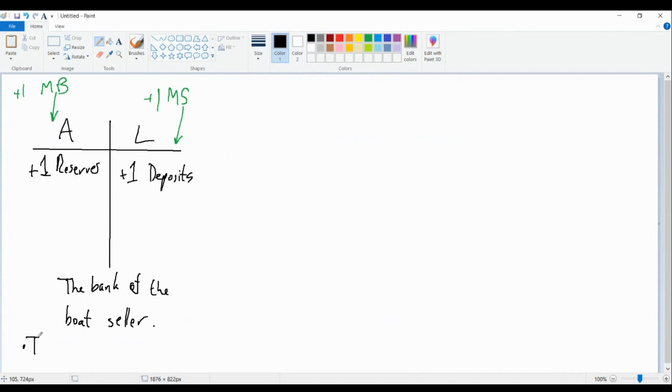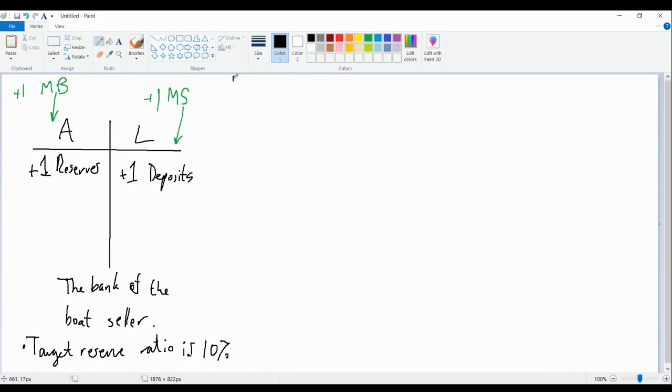So let's just assume a number for that. Let's suppose the target reserve ratio is 10%. That's roughly the required reserve ratio in the United States right now. So if that's its target reserve ratio, this bank would like to lend out some of this, right?